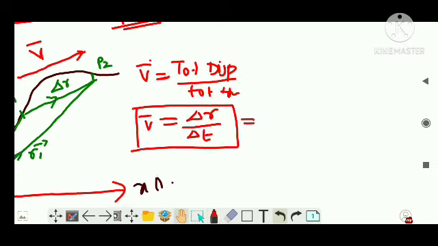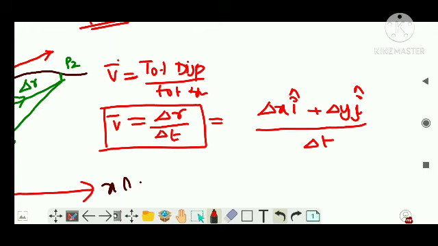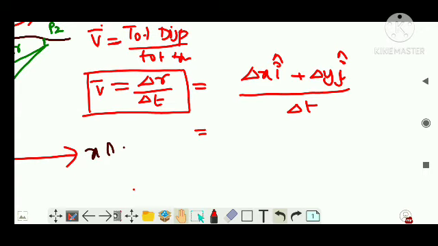Now we are going back to the magnitude section. How did we write delta r in the previous case? It is delta x i cap, change in position along the x-axis, plus change in position along the y-axis times j cap, divided by delta t. I'm going to give delta t to each term, that is delta x by delta t i cap plus delta y by delta t j cap.